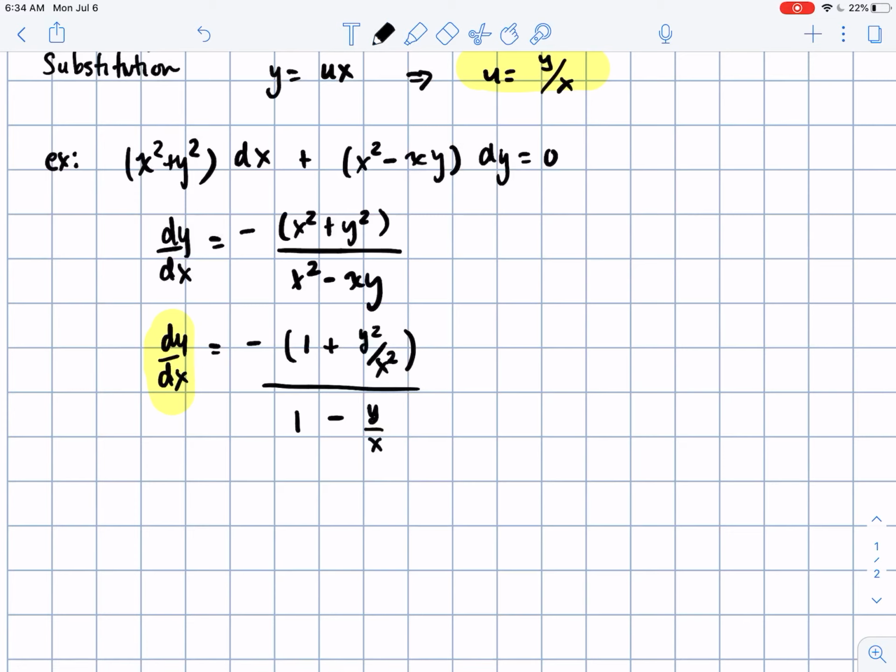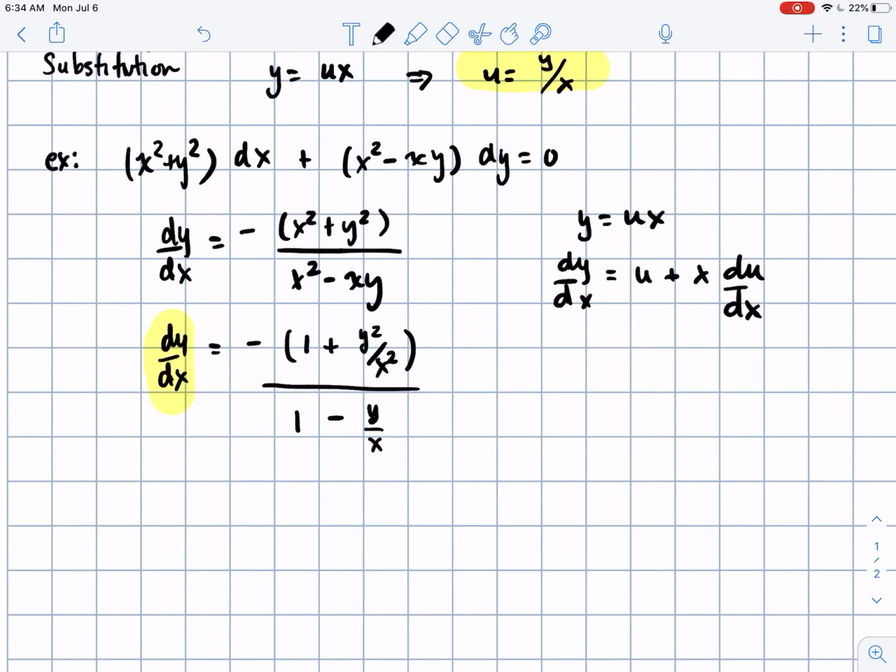So here what I want is, if I'm looking at that equation y equals ux, I could get dy, if I take the derivative with respect to x, I'll get u plus x du over dx. So your equation will look like that. So now I can substitute everything in.